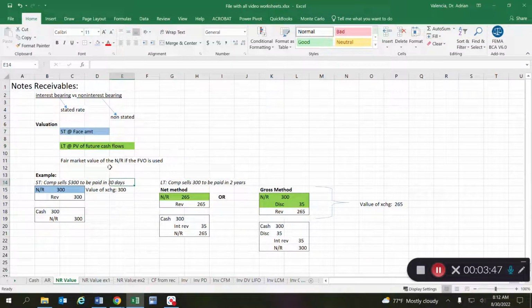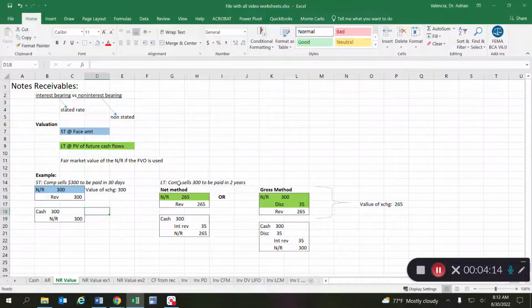This meets the short-term criteria, so we would value the exchange at $300. In other words, we would record notes receivable and corresponding revenue for that amount of $300. Later on, when we get the cash, we increase the cash and then eliminate that note receivable. That's straightforward, just like in your accounts receivable.